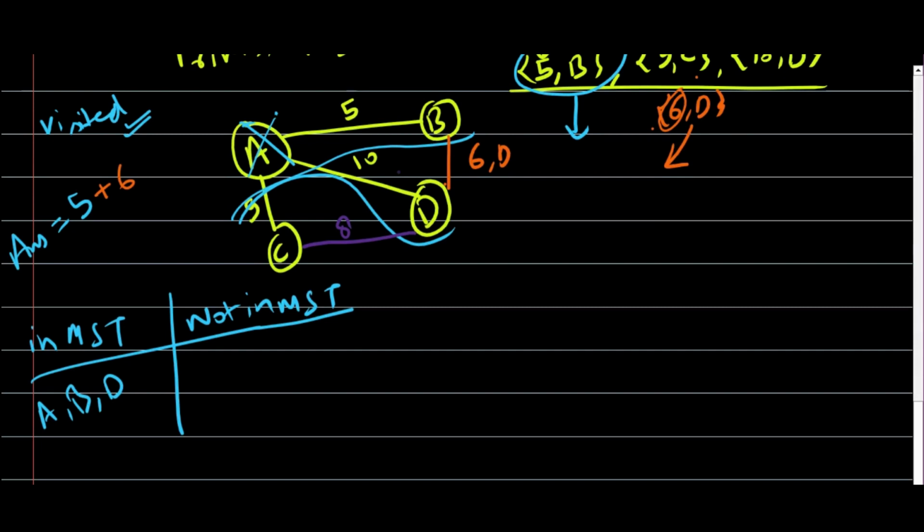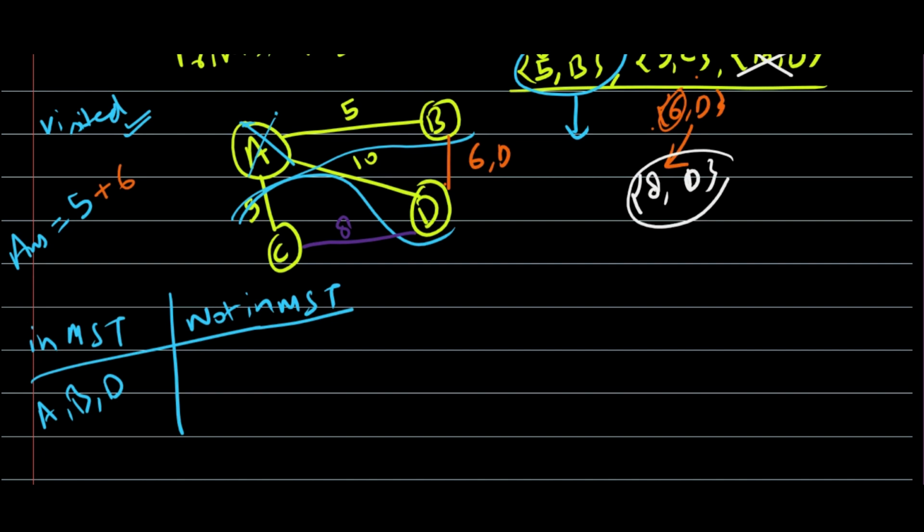Okay. And at this point, we need to remove also the visited points. D is visited, so we will remove this from our queue. C is not yet visited, so we will push 8 comma C in our priority queue, and this will pop out.